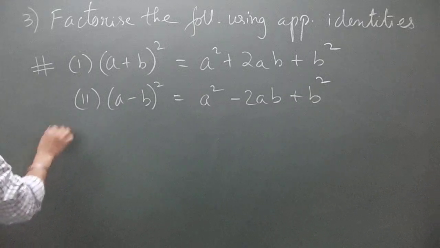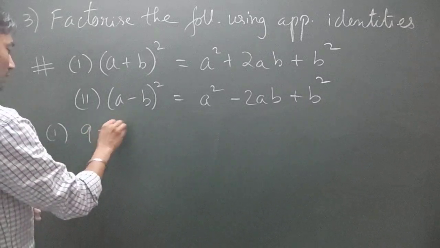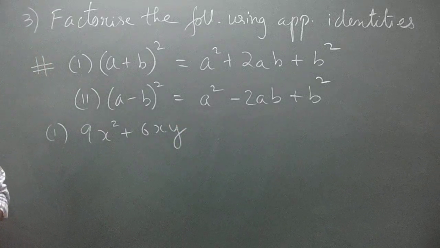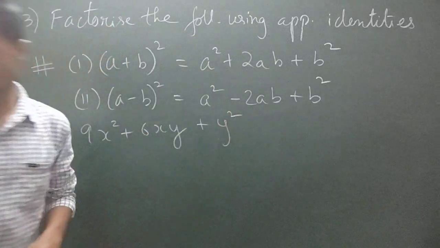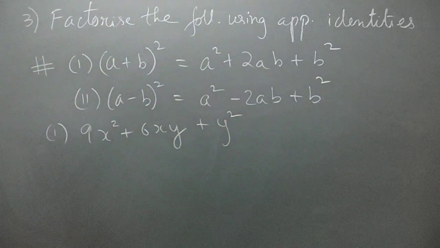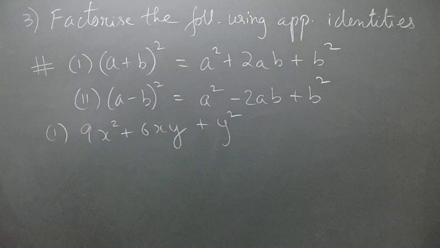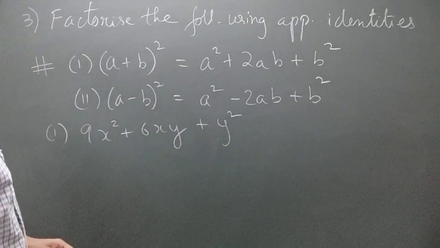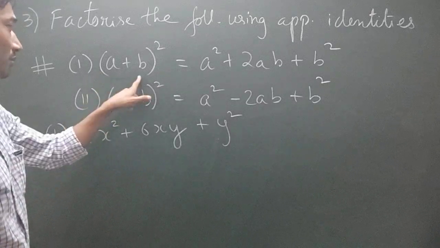Now, for the first question, 9x squared plus 6xy plus y square. So if you look at this formula, I mean this product is not in this form.